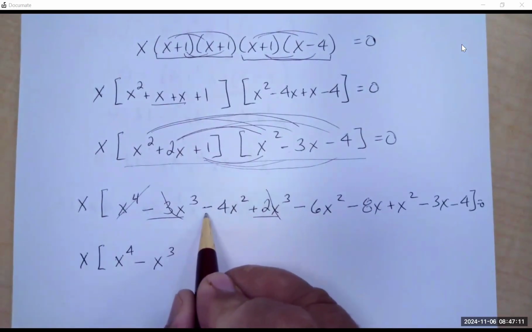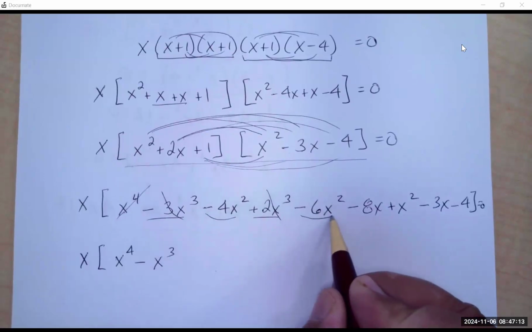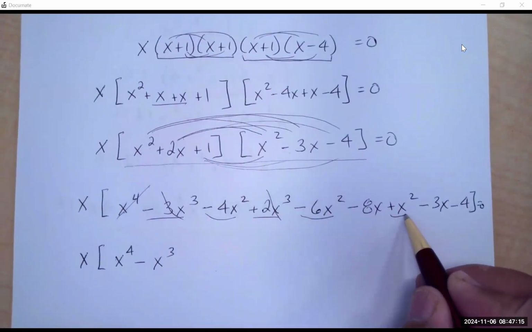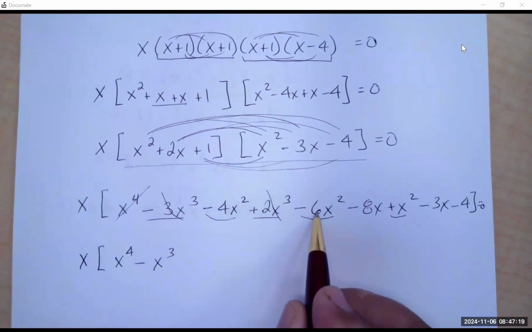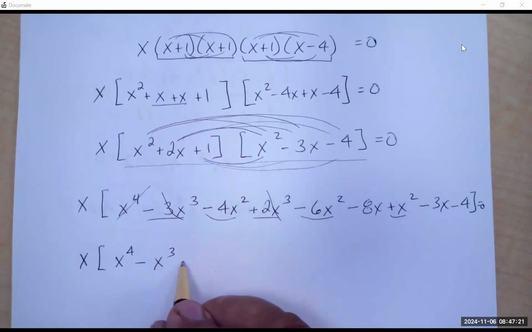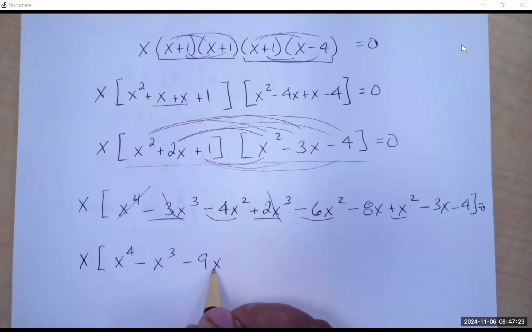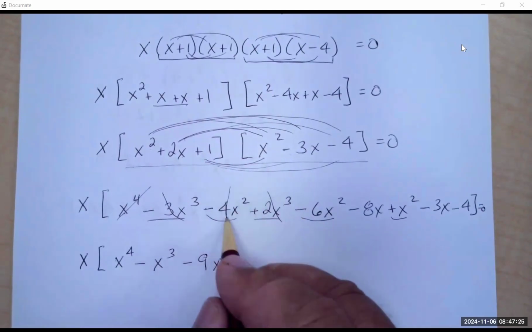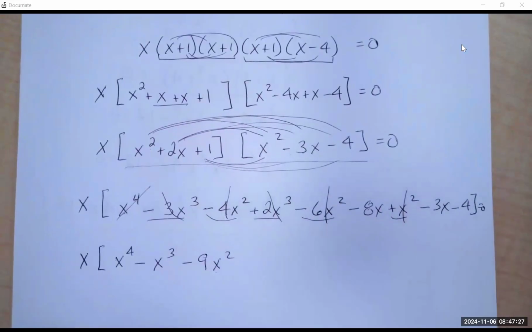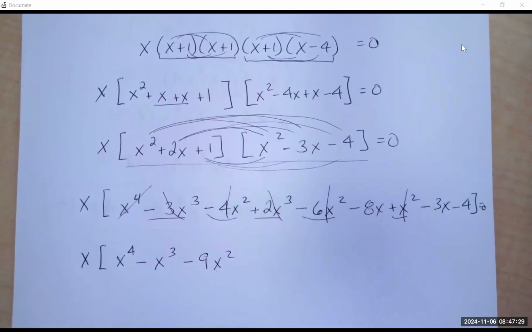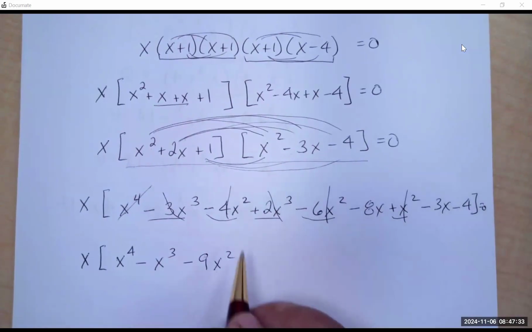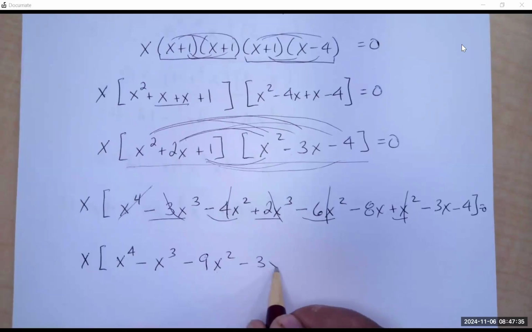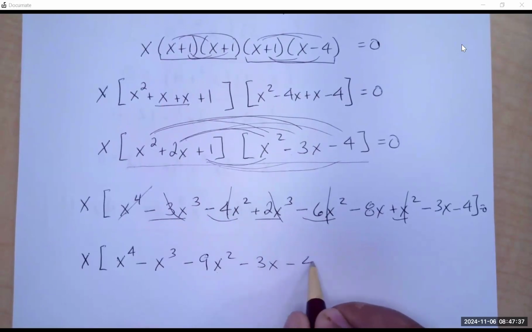We have -4, -6, and +1. -4, -6 is -10, plus 1 is -9, x squared. Minus 3x, minus 4.